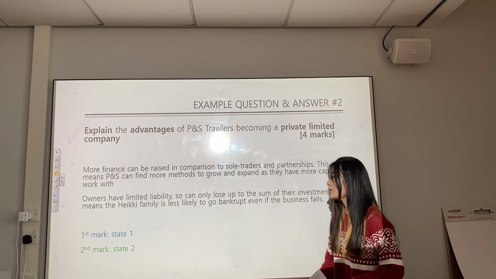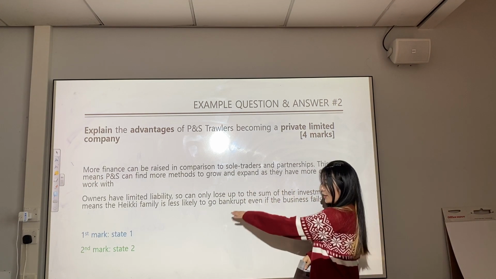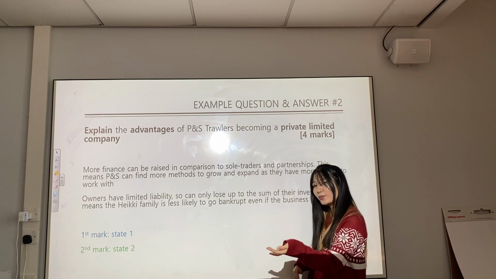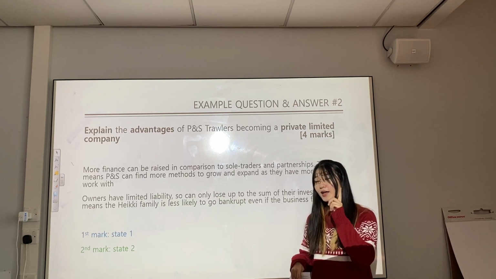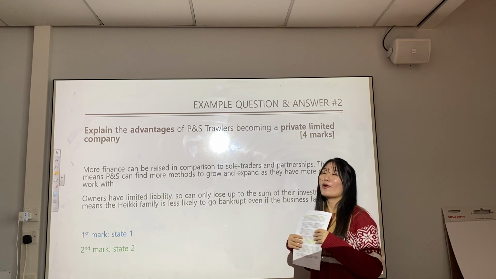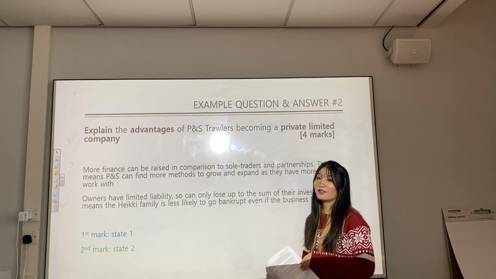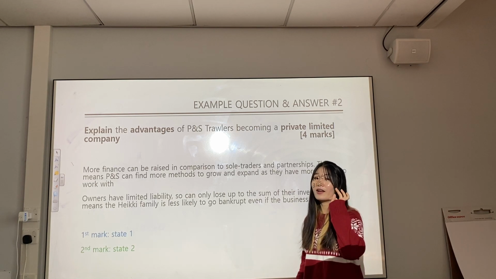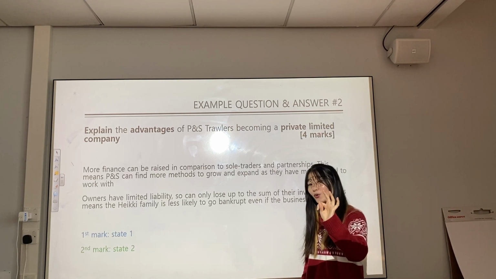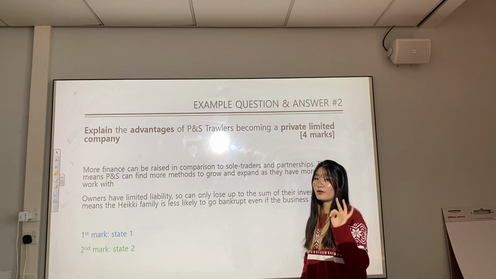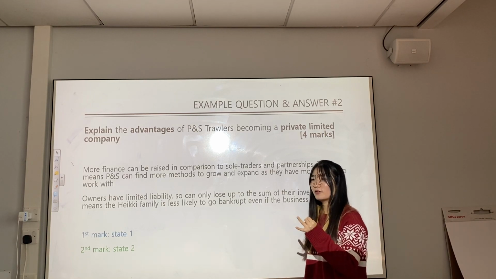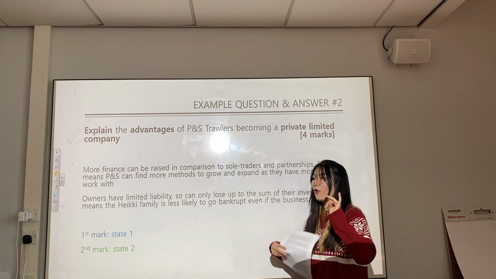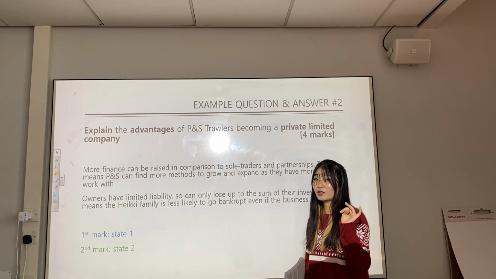Yeah. Similarly, limited liability. Why is that so important for P&S Trawlers? Because all of the shares are only shared between the family. The brother and the sister, Pekka and Tapio, have 40% of the shares each. The rest of the shares are owned by their parents. So if this business fails, the whole family is going to go bankrupt.